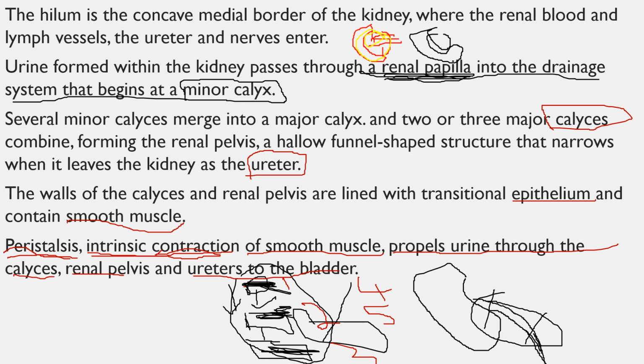So the urine will be propelled through the calyces. It's also continuous contraction or squeezing. It goes through the renal pelvis, and the squeeze again. It goes through the ureter. Remember, we said there are two ureters which join into one urinary bladder. So this urine will be squeezed through these two tubes called ureters until it reaches the bladder. When it reaches the bladder it will say, oh, I'm full now.